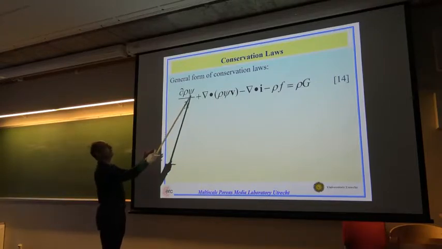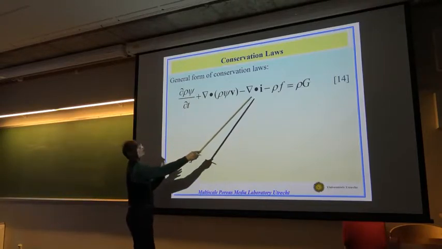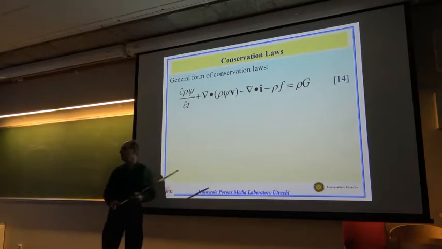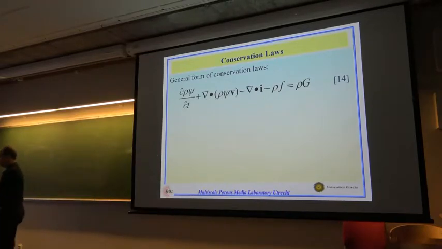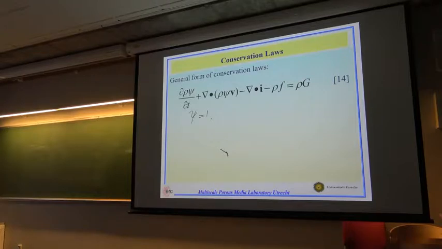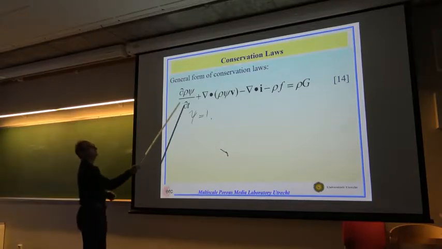And depending on what you put in for psi, you put in for I, F, and G. For example, if you put in psi equal to 1, then we get d rho dt here.